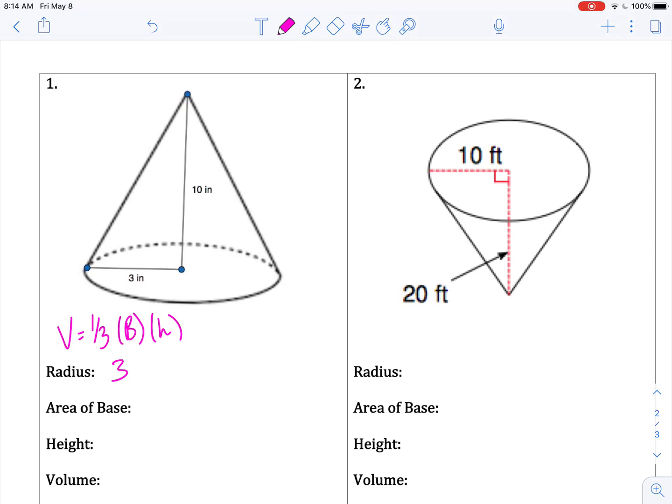So the area of the base is going to be pi times r squared, or 9 pi, which is approximately equal to 28.27.